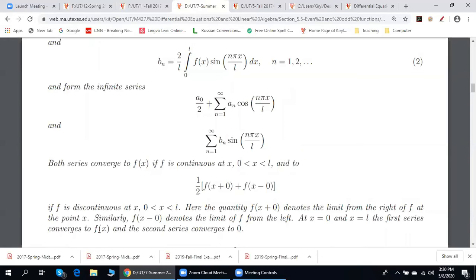Therefore, if f at 0 is not equal to 0 and f of L is not equal to 0, these two series converge to different points at 0 and L. Makes sense. Other questions? Professor, is there any benefit in modeling our equation with cosines or with sines?